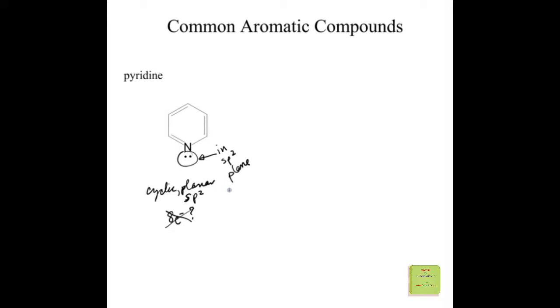So we ignore these in our electron count. Okay, and let's make a sketch of pyridine so we can have a record of that. What I'm saying here is that there is a hydrogen on every carbon that's in the plane, and there is a lone pair on this nitrogen that is in the plane.